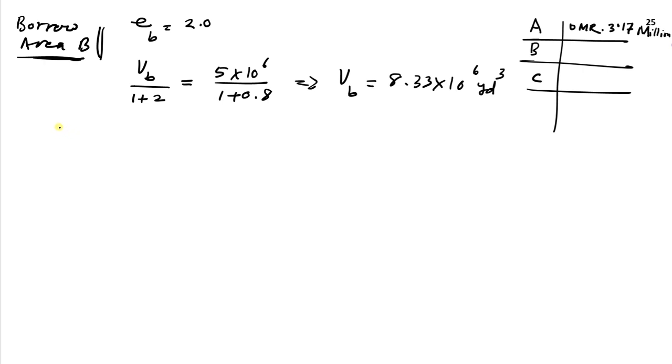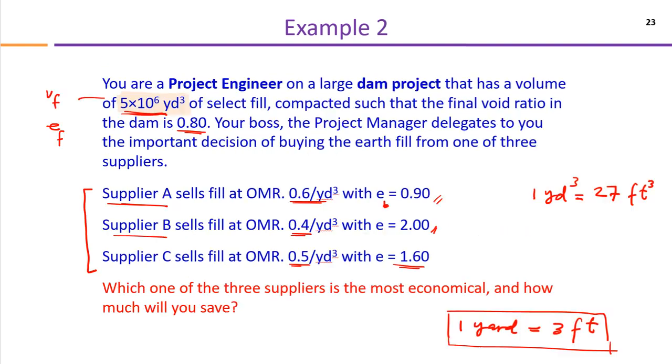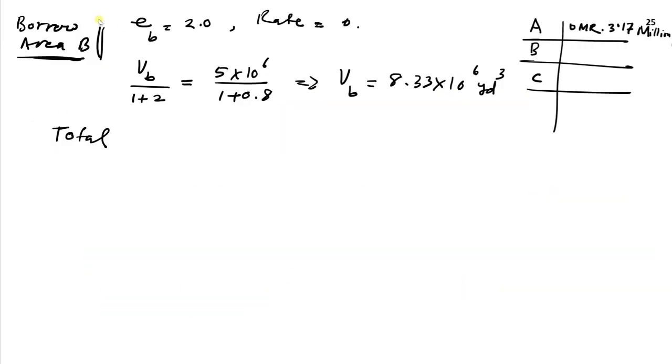So we can calculate the total cost, just multiply with the rate. Let's see what is the rate. The rate for this site is 0.4. This is the cheapest one. Unit rate is less, 0.4 OMR per cubic yard. So the total cost, you have to multiply the volume with the unit rate.